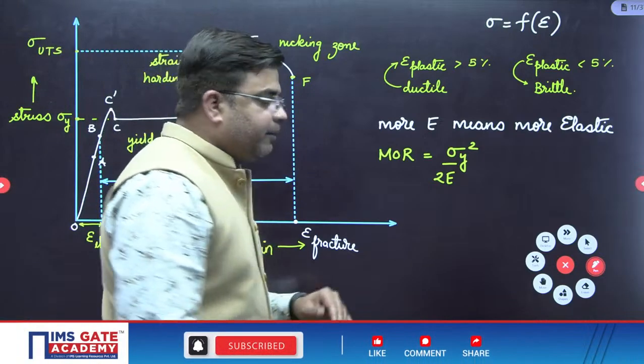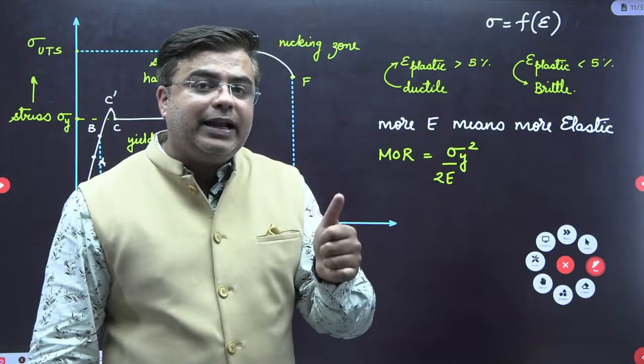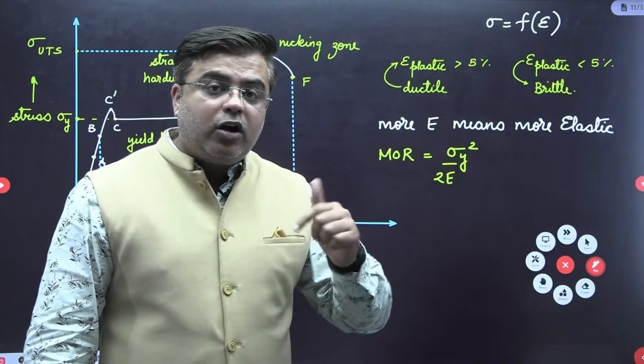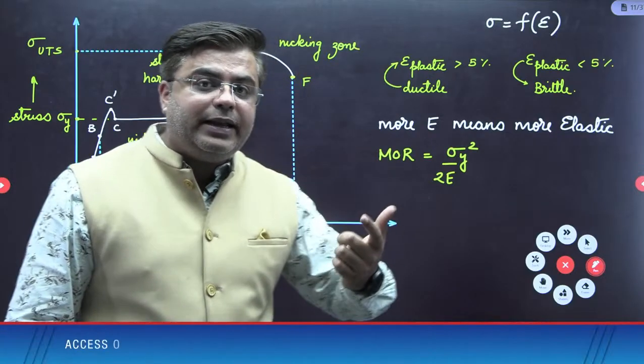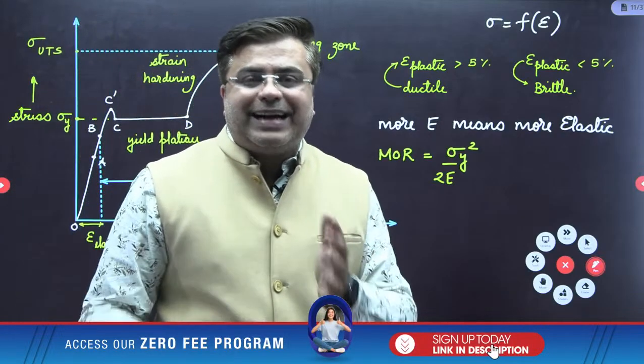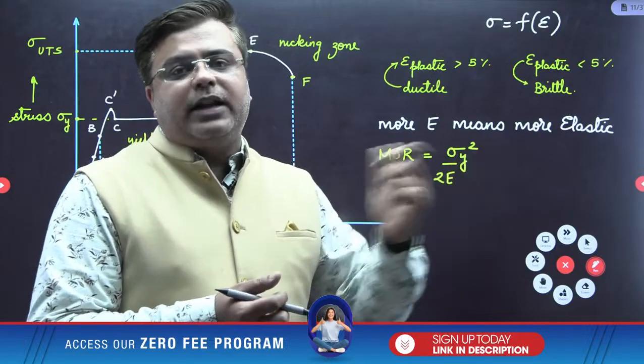Now one more thing: which materials will be more tough? The material which has higher area under the stress strain curve will be more tough. In order to decide which material will have higher area, again observe the plastic strain. It has been observed that ductile materials have more area under the stress strain curve than brittle materials.